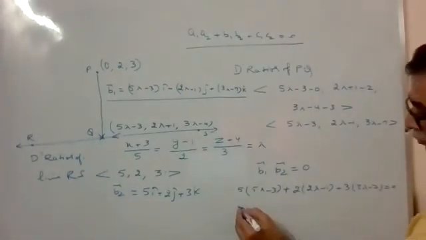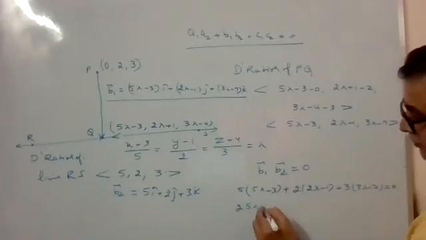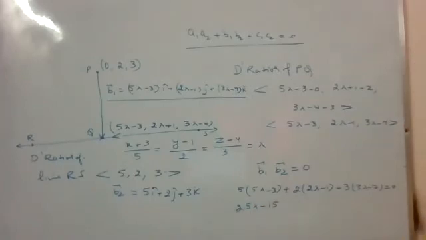Now when you solve it, what will it come to? 25 lambda minus 15, plus 4 lambda minus 2, plus 9 lambda minus 21 equals 0.